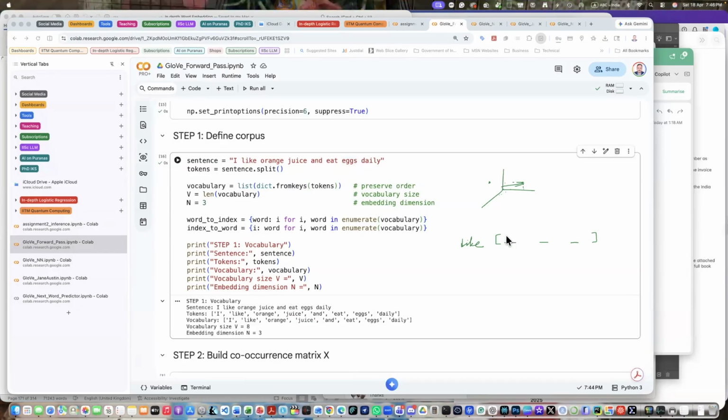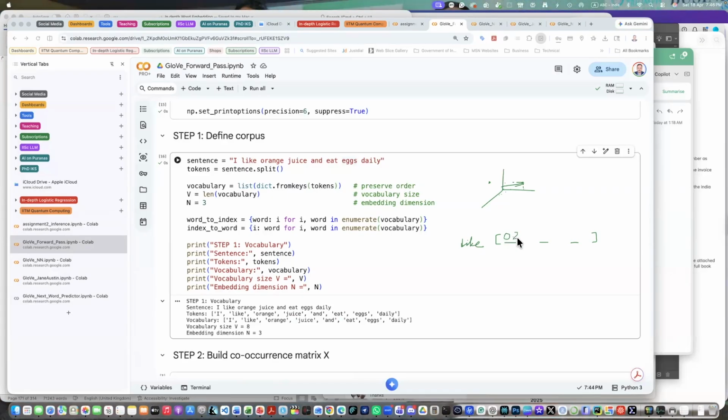So right now I want to make a word into a representation like 0.2, 1.5 and minus 0.4. If I can represent a word like this as a vector, I can use it for many different things.